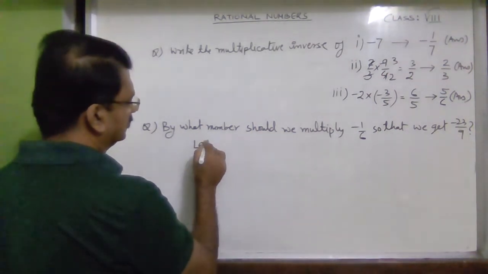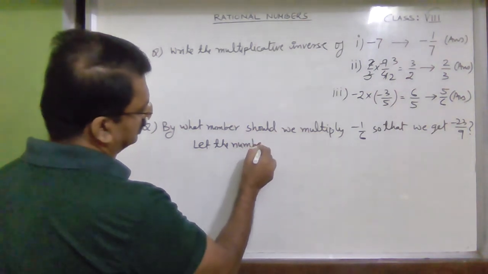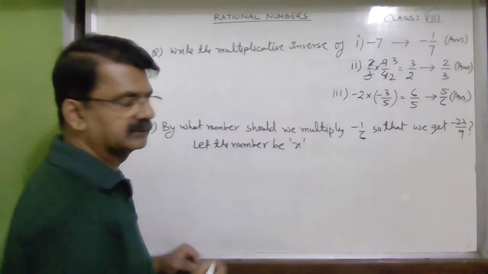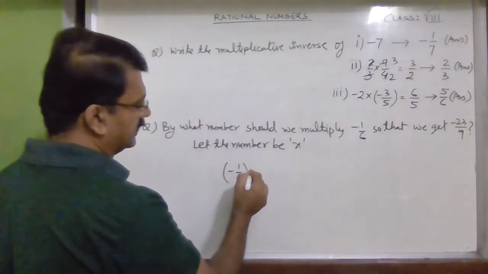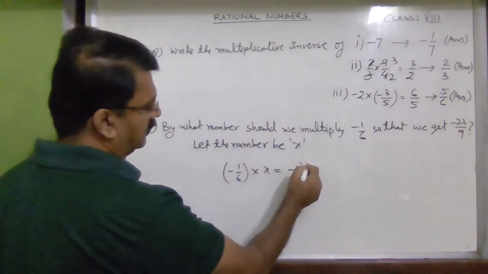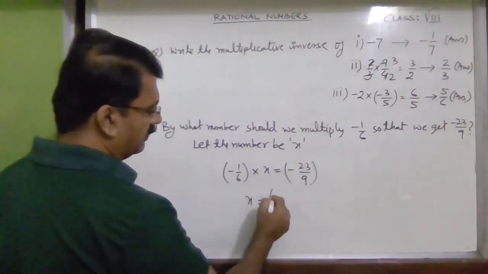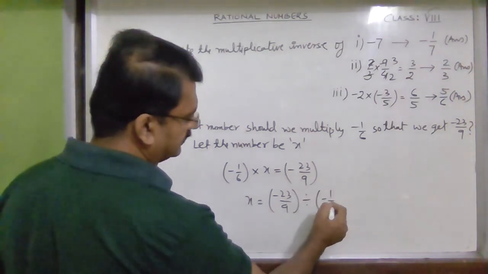Let the number be x. That means minus 1 upon 6 multiplied by x should be equal to minus 23 by 9. So x is equal to minus 23 by 9 divided by minus 1 by 6.